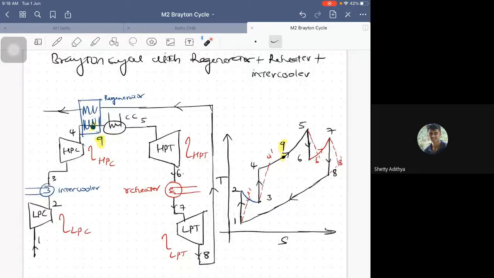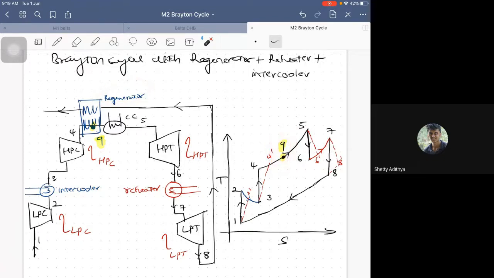Okay, so there would be no doubt 2 stages of compression because of the presence of the intercooler. Again, there will be 2 stages of expansion because of the presence of the reheater. And there would be a regeneration point, which is point 9, according to the numbering I have given. So, according to this, there will be a point because there is a regenerator.